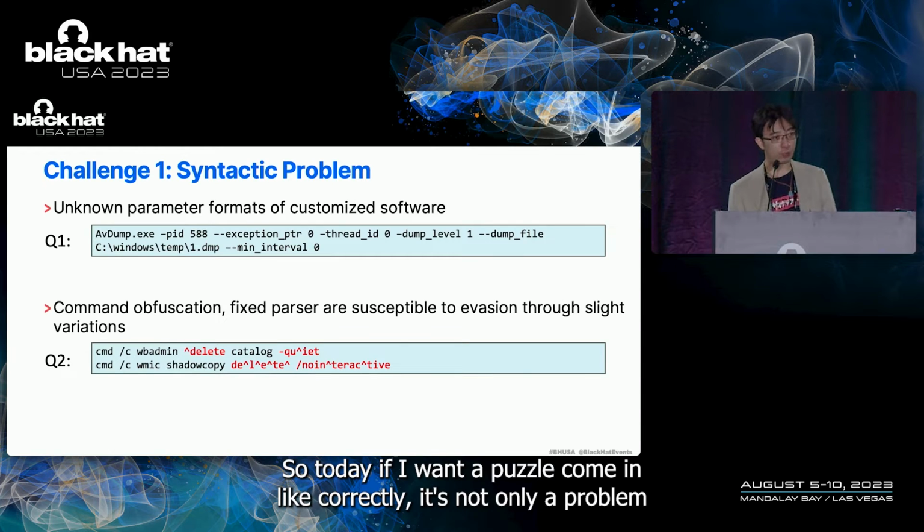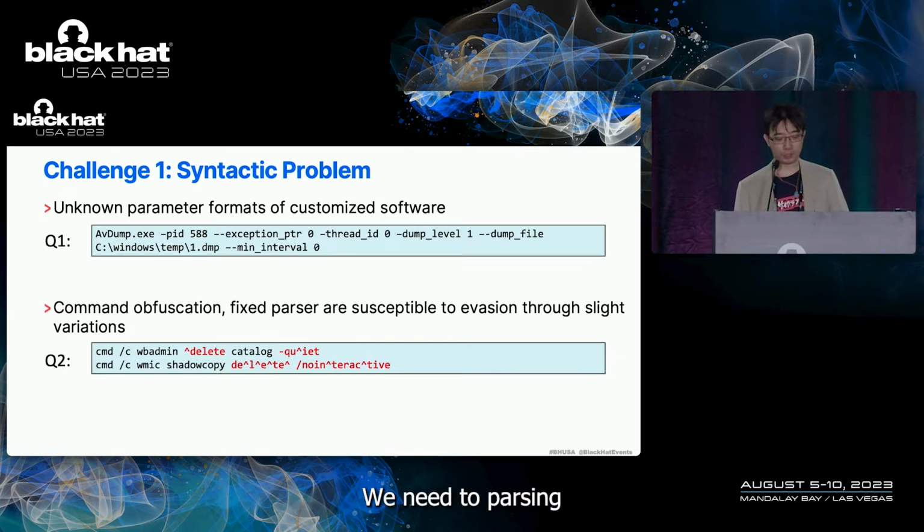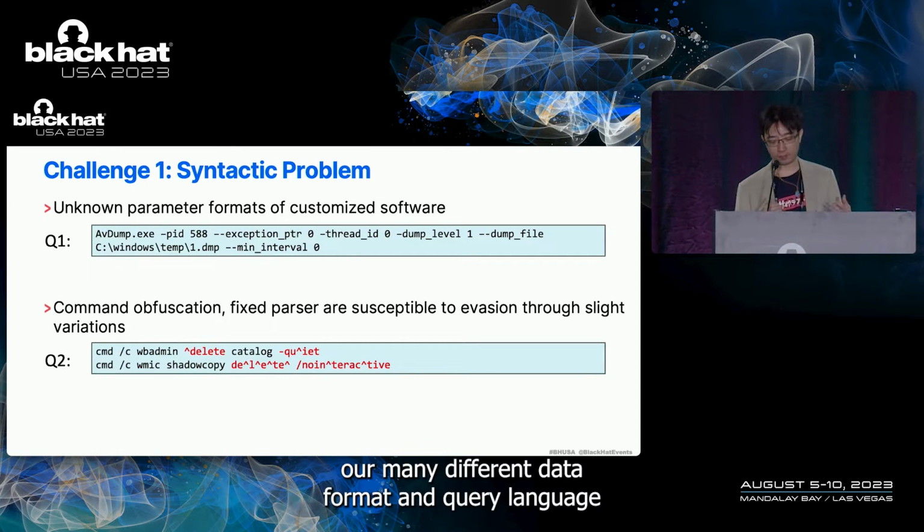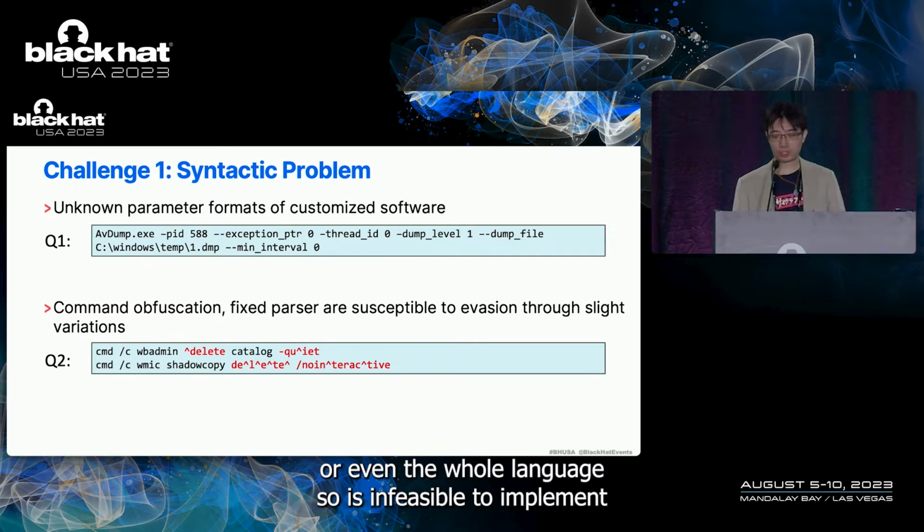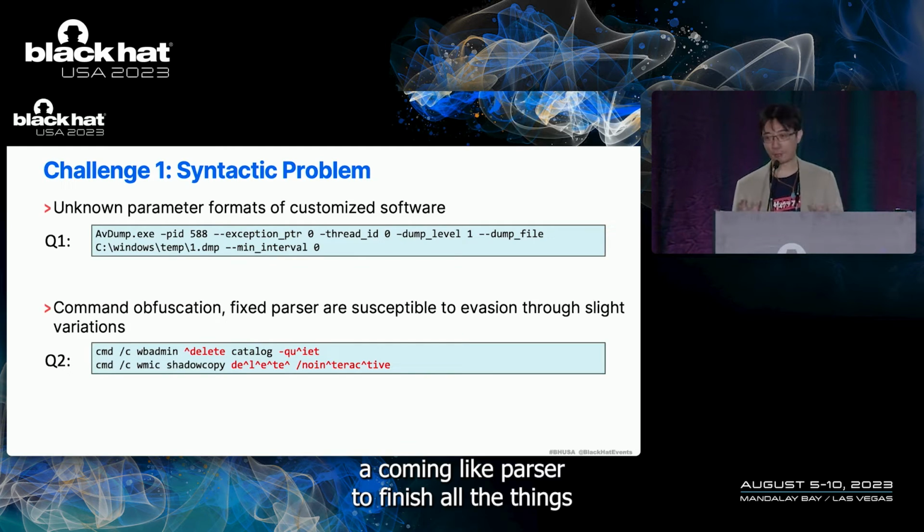So if I want to parse the command line correctly, it's not only a problem of the command line itself. We need to parse many different data formats and query languages, or even whole languages. So it's infeasible to implement a command line parser to do all these things.